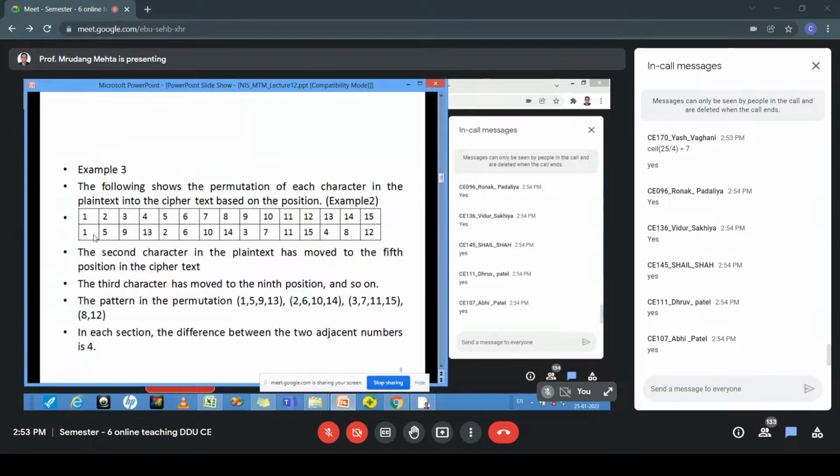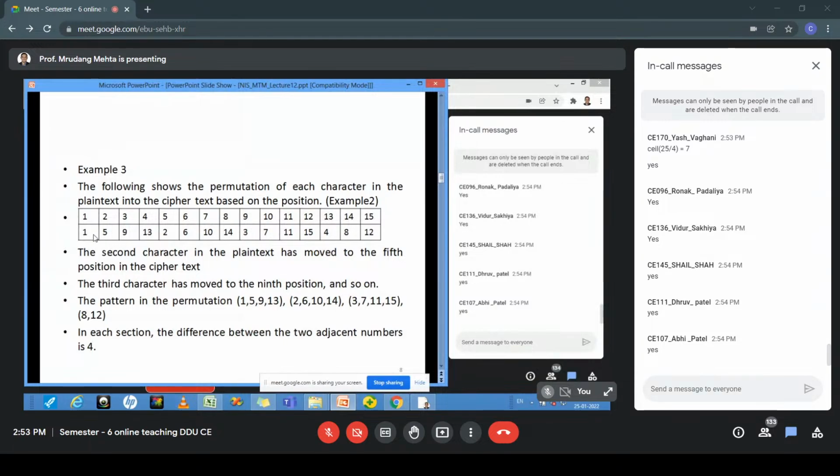The difference between 5 and 1 is 4, 9 and 5 is 4, 9 and 13, it is 4. 2 and 6, 6 and 10, 10 and 14, it is 4. 3 and 7, 7 and 11, 11 and 15, that is 4. 4, 8, 8, 12, that is 4. So in each section, the difference between two adjacent numbers is 4.